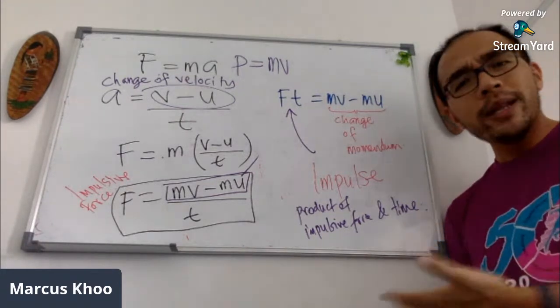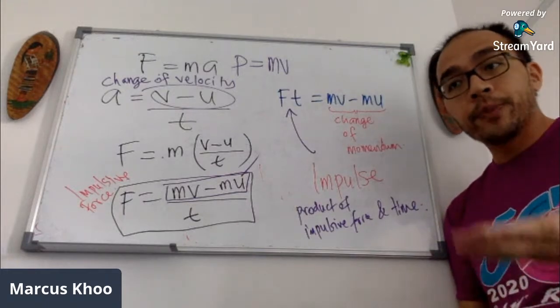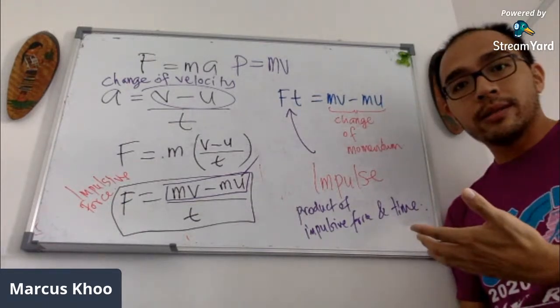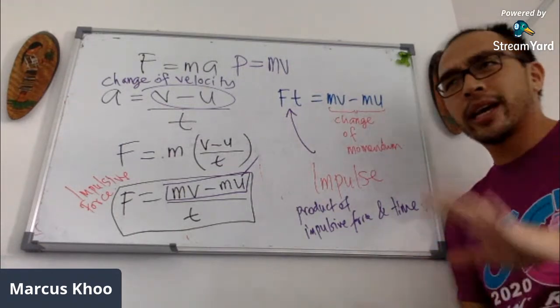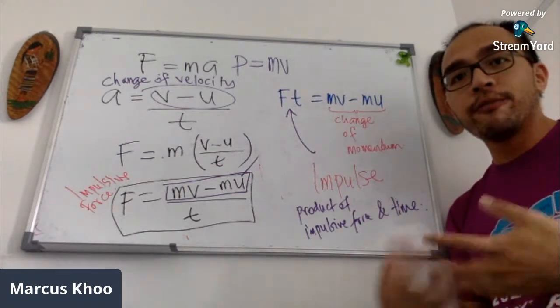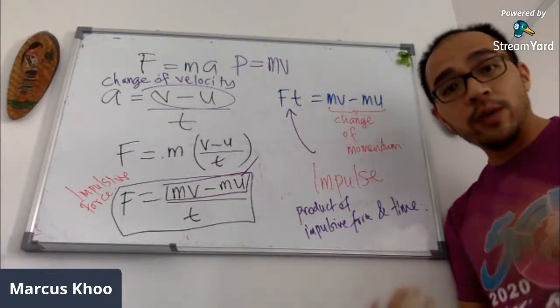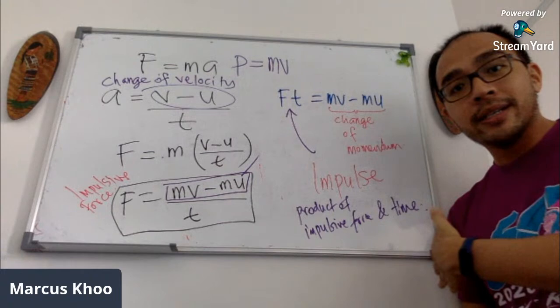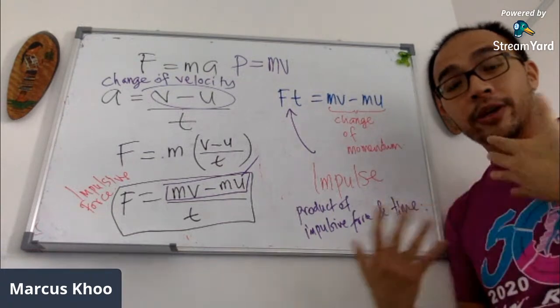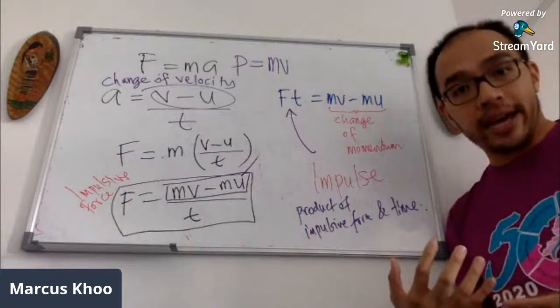So what if the wall suddenly decides, oh, I cannot give that much, I can only give you maximum 600? What's going to happen to me? I'm going to fall through the wall. Not balanced. I'm not getting an equal and opposite reaction.